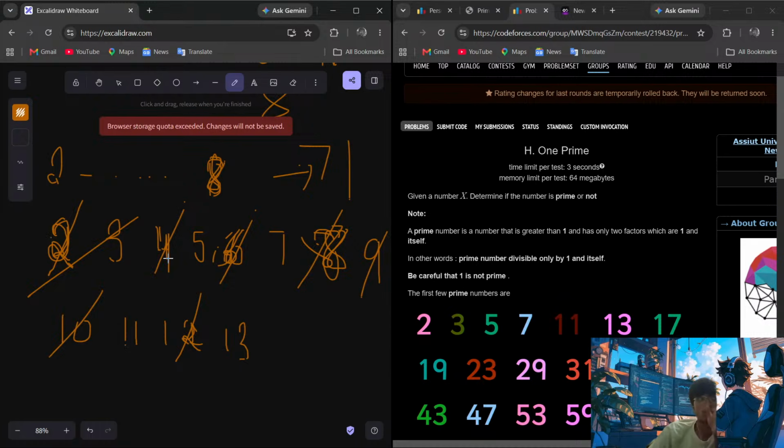Because if dividing 71 by 3 does not give 0 remainder, then how will I get 0 when I divide 71 by 9?